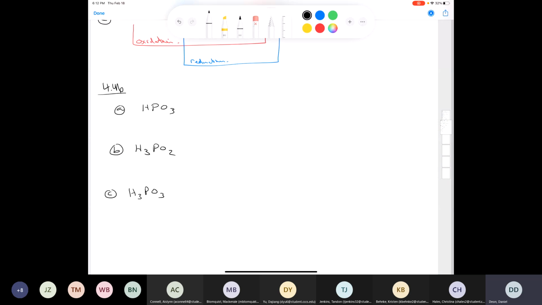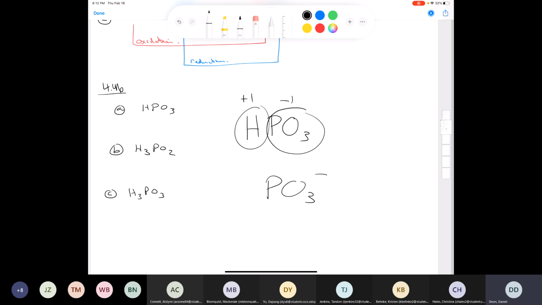Okay, so let's start with HPO3. I'll write it over here. Well, we know that the hydrogen must be +1 because it's a proton. So that means that the PO3, the whole thing, is -1. Now, one of the rules that we learned is that oxygen is almost always -2, and we have 3 of those, which gives us -6.